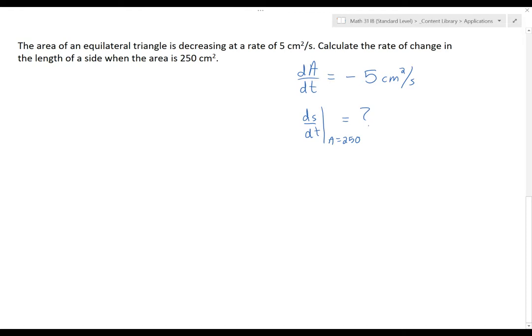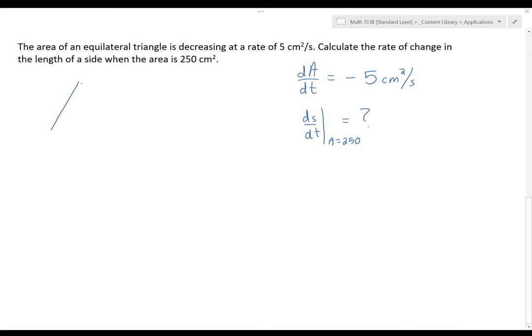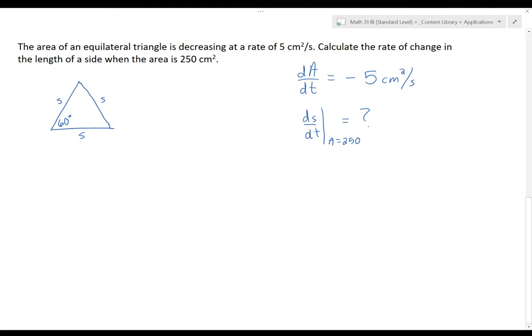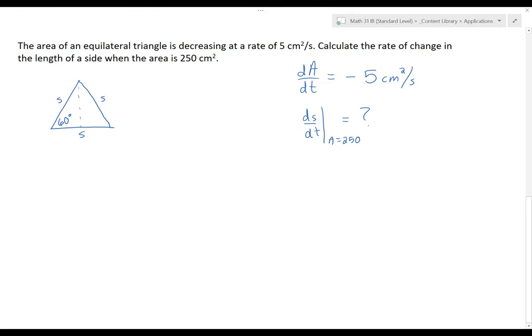So I need a formula that relates area of an equilateral triangle with the side length of an equilateral triangle. So let's think of what that looks like. So these side lengths are all the same. And I know that these are all 60-degree angles. So a couple of different ways you could do it. You could actually figure out what the height of that triangle is going to have to be as a function of s and go from there.